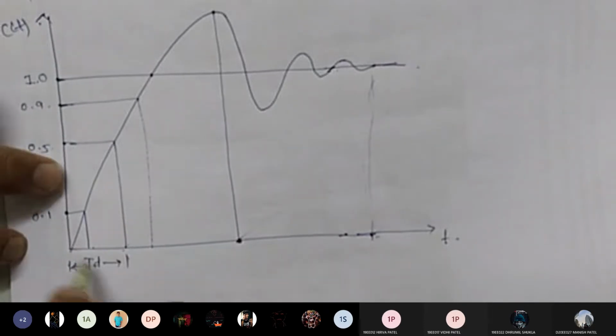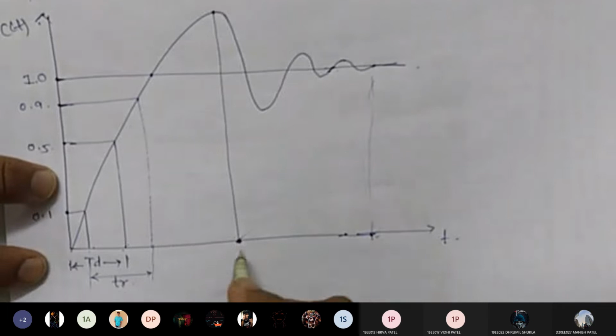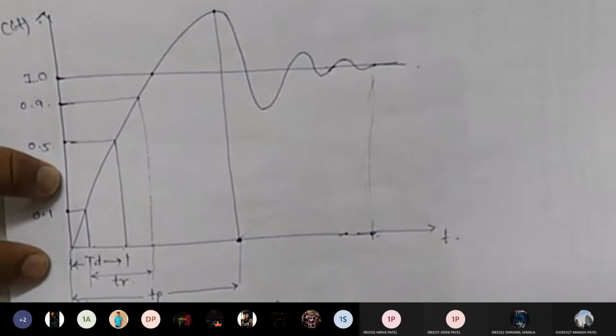Then you are having another time between this, which is nothing but TR. Another time you are having is TP, and another time is TS.